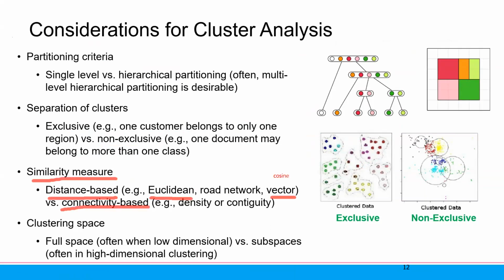The connectivity means we can use the density or the contiguity. Clustering space: we can use the full space with low dimensions or the subspace with high dimensional clustering. I will not explain more about this space.